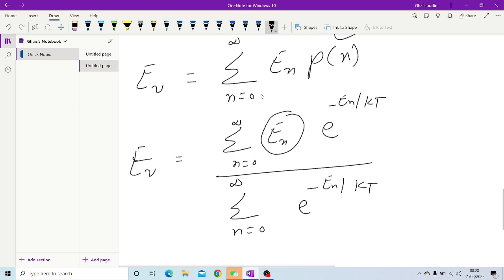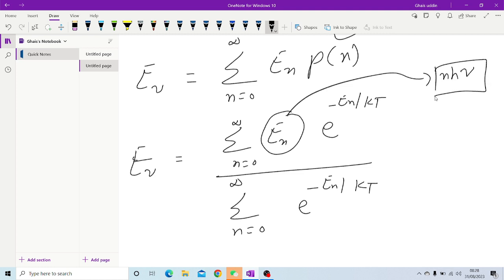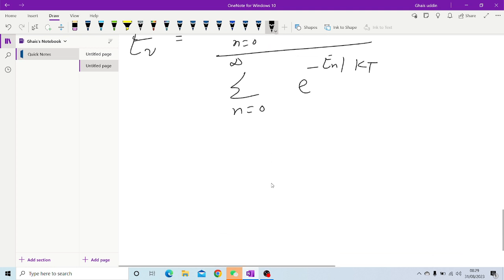Here we replace the energy as nh nu in this Boltzmann factor.